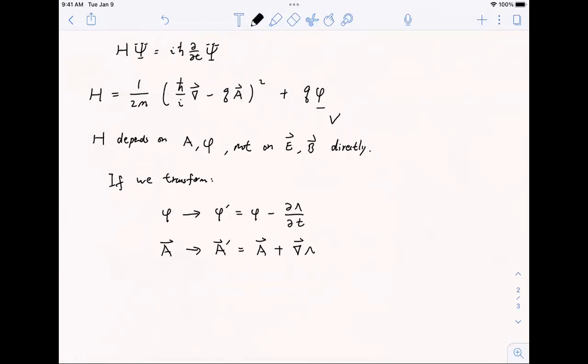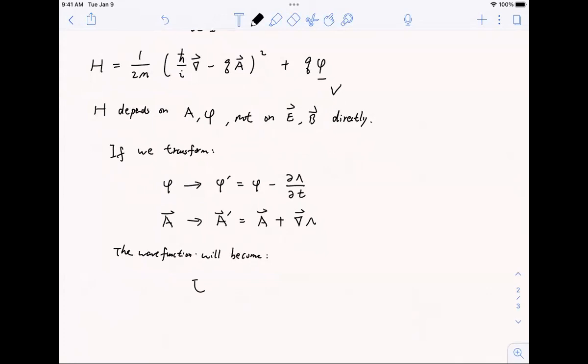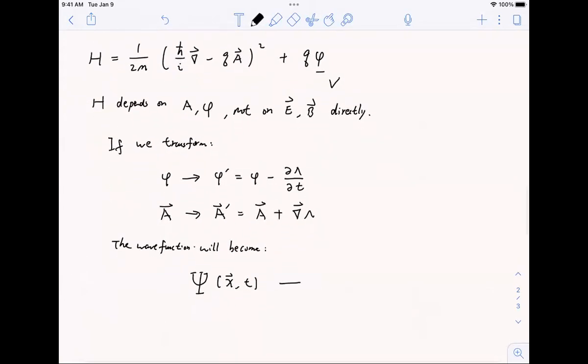So the wave function will become, the original wave function is psi of x and t, then this one will become psi times e to the i lambda.